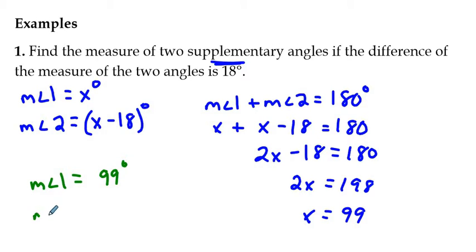And then the measure of angle 2 is 99 minus 18 degrees, or 81 degrees. And those are the measures of those two angles if they are supplementary and their difference is 18 degrees in measurement.